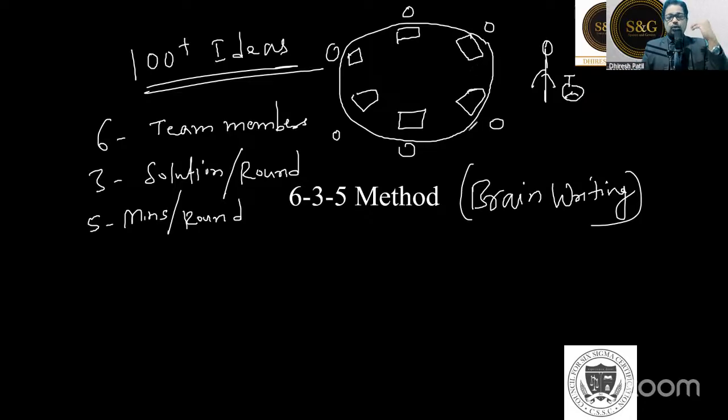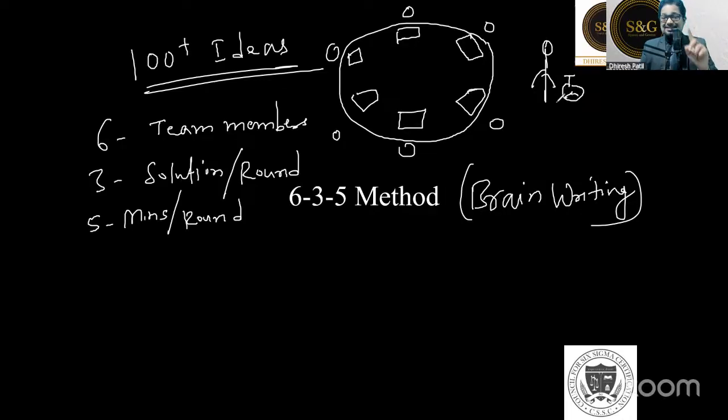You want to generate ideas on a problem. There is a challenge, you put the challenge on the board, and you want to find solutions. Once everything is set, you ring the bell, and the round will start.